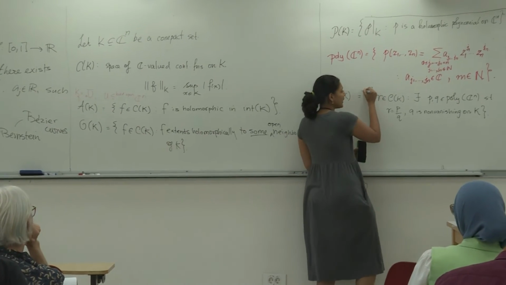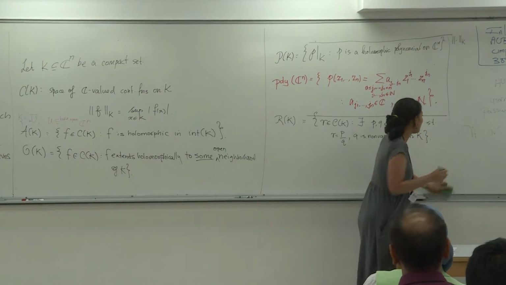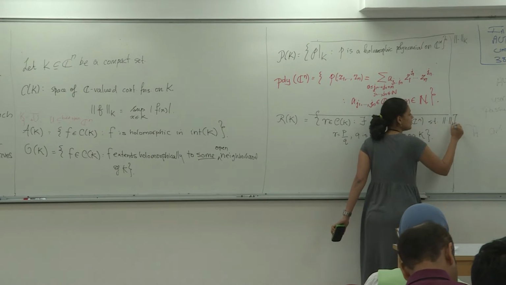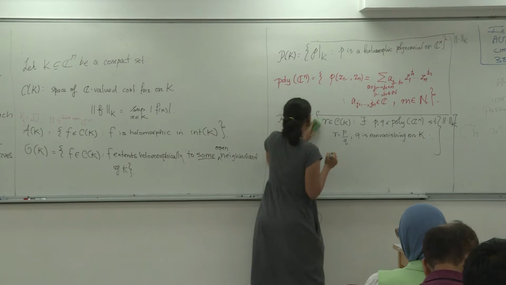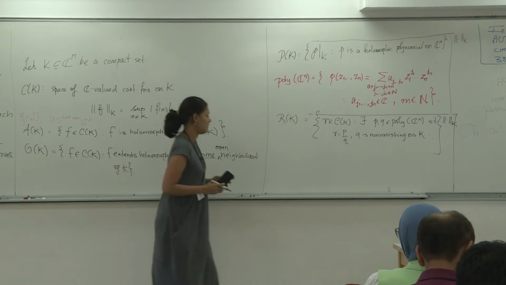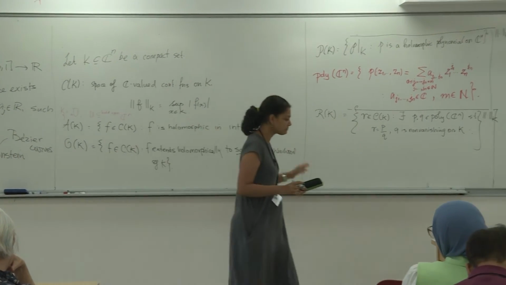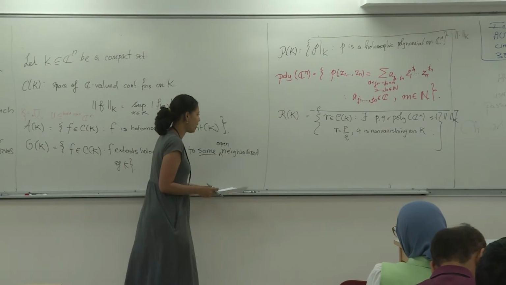And again, what I'm really interested in is the set of those functions which are uniformly approximable by these. So I take the closure of this set with respect to the norm that we have fixed. That's really the only norm that we will study in this set of lectures. Let me point out a few things.